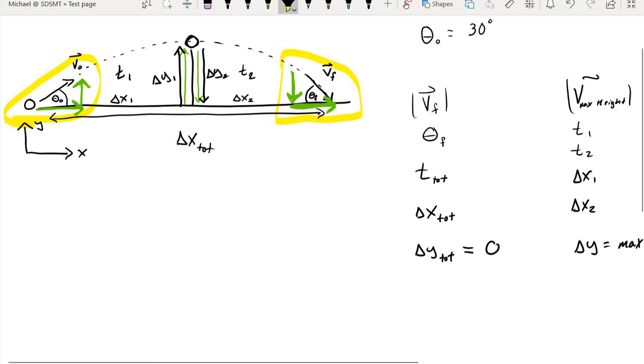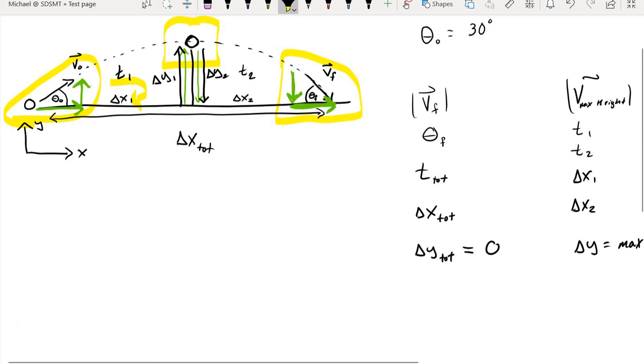But then there's also quite a bit of stuff that's occurring right up here. Specifically the maximum height, the time t1 that it takes to reach that maximum height, and that time t1 is going to in turn relate to how far we can travel along the x direction during that time interval.